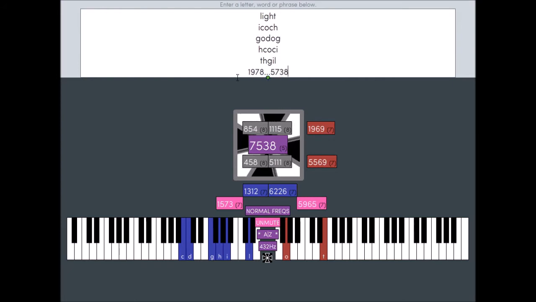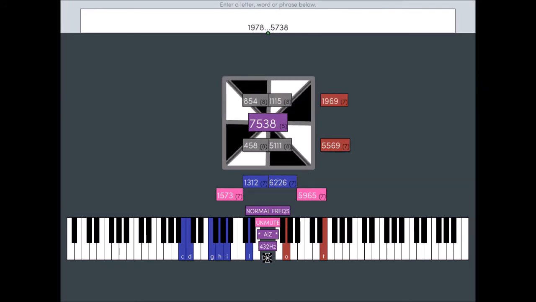Same thing as 1978 for the most part, right? Up until the middle of September, or near the end of September, 1978 turns into 5739. Alright, so I got all of that.